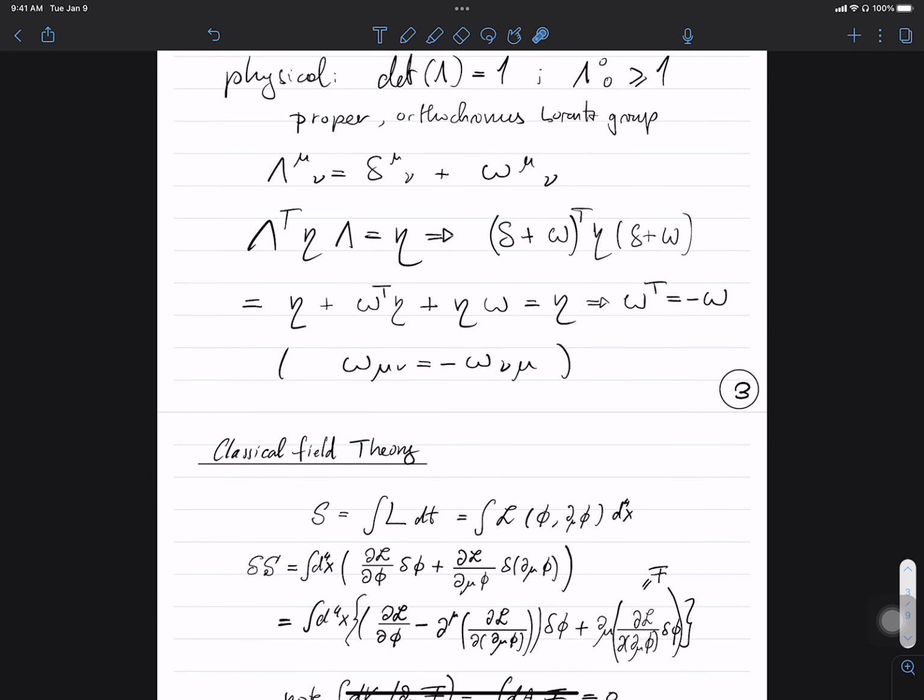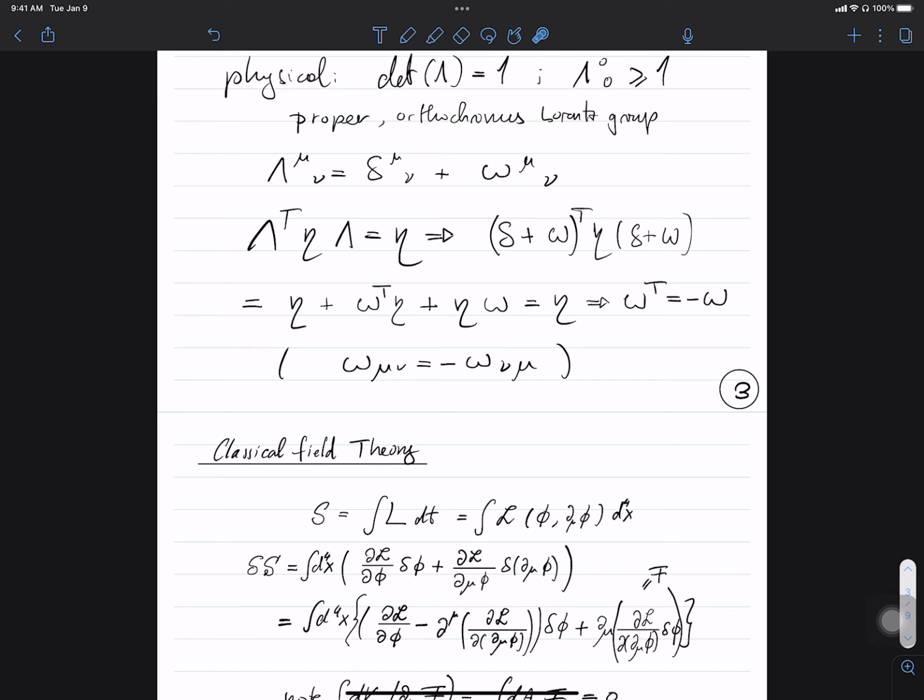It has the properties of a group, so it means that we can generate its elements starting from the unit element and adding a small parameter and successively adding these additional parameters, because those objects are called the generators of the group. So this is a part of group theory.